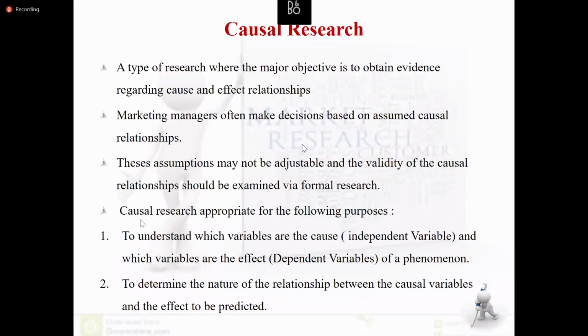The causal research, of course, we find out the dependent and the independent variable, right? To understand what is affecting what, right? So maybe it can take place through the experimental approach, but of course here in the social sciences also we have the variables to be identified as independent and dependent variables.